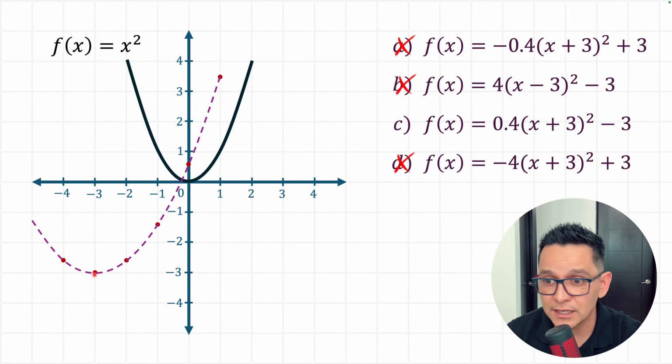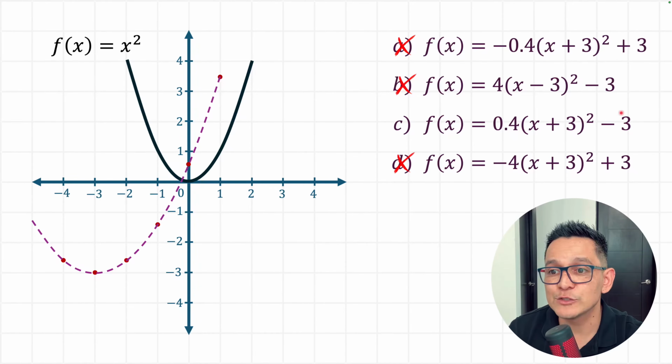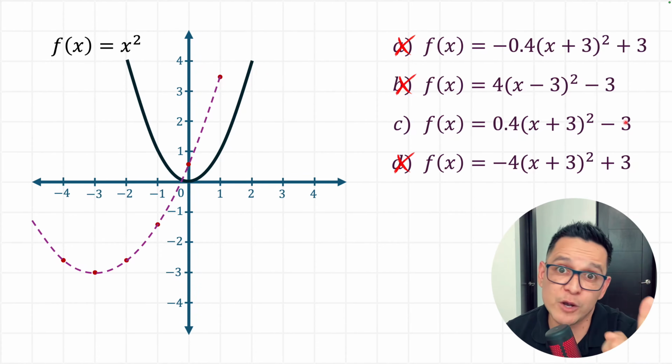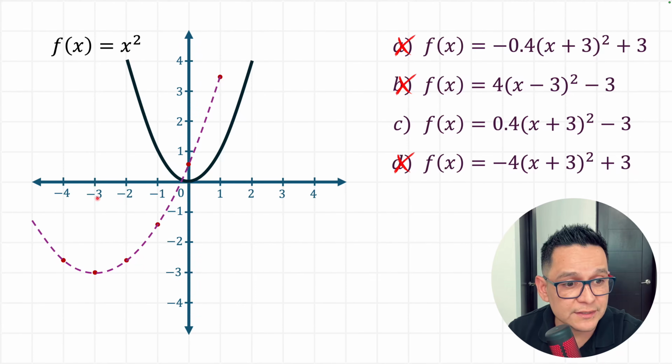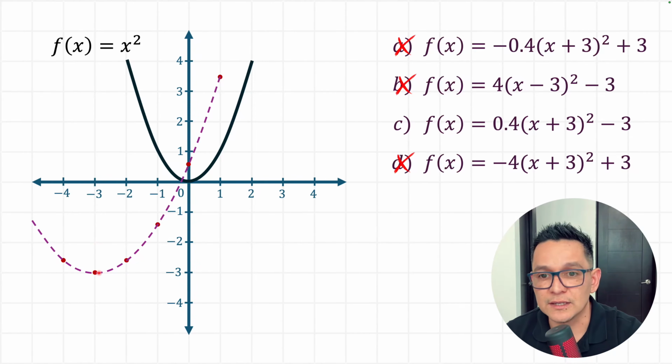Now this minus 3 indicates that it shifted 3 units down, the vertex or the whole graph if you want to see it that way. But use the vertex as a reference point to make it easier for you. And see that indeed, the vertex is shifted 1, 2, and 3 units down. Therefore, we can see that indeed, the correct answer is C, so we check it off. Done.